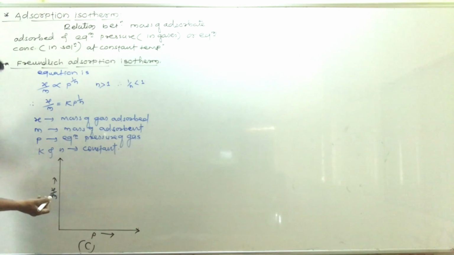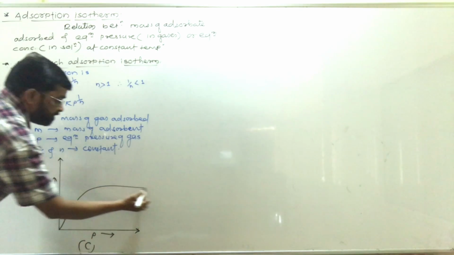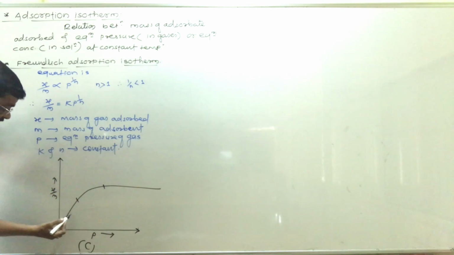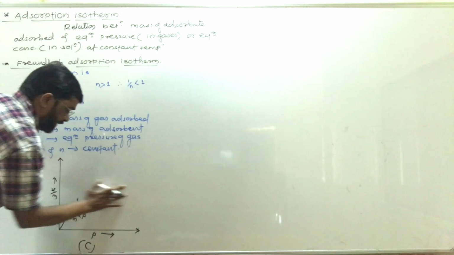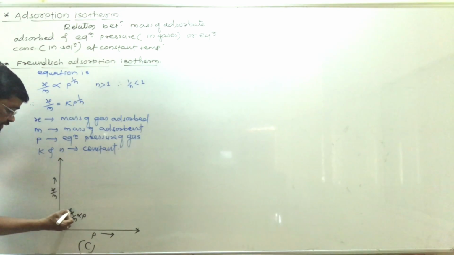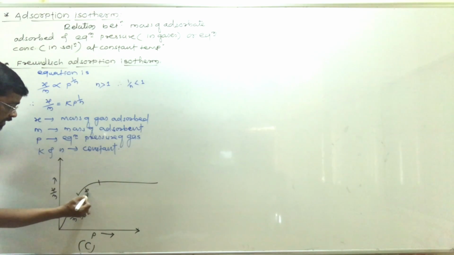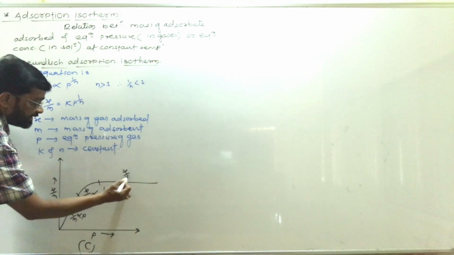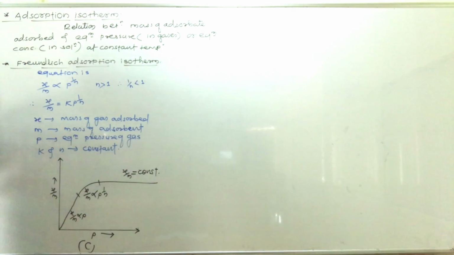Now when we plot the graph of log x by m versus log p, you will get this graph. Here at low pressure, x by m is directly proportional to p. At moderate pressure, x by m is proportional to p raised to 1 by n, and at high pressure x by m is constant.